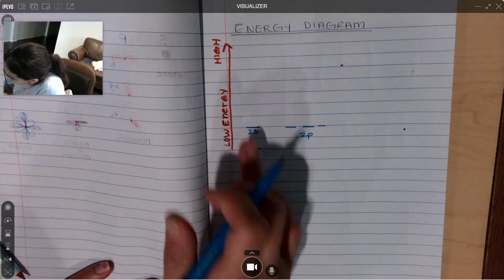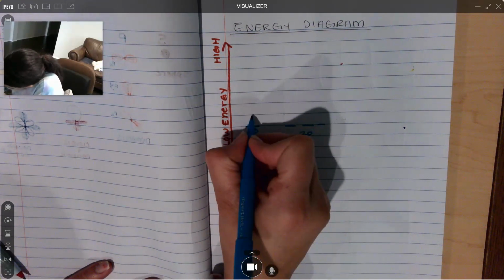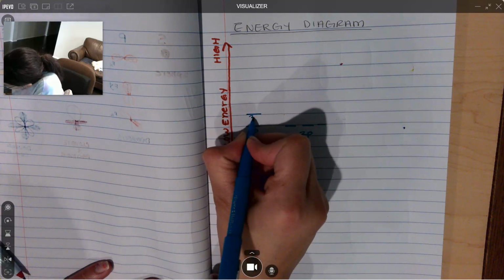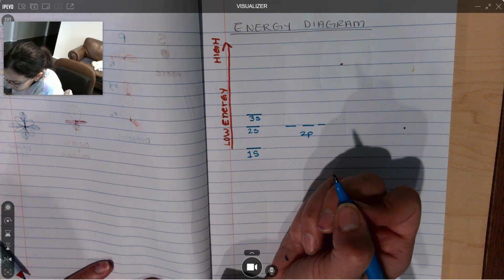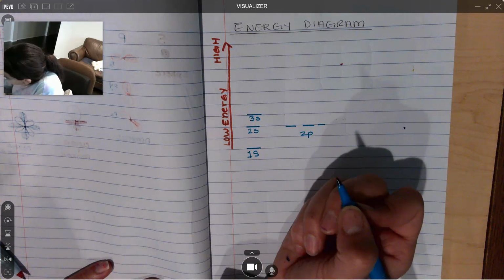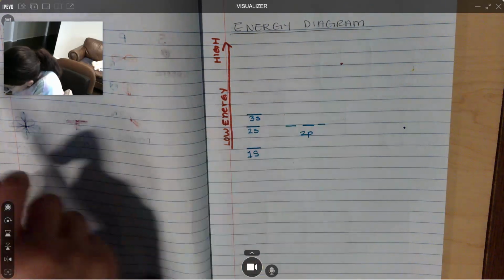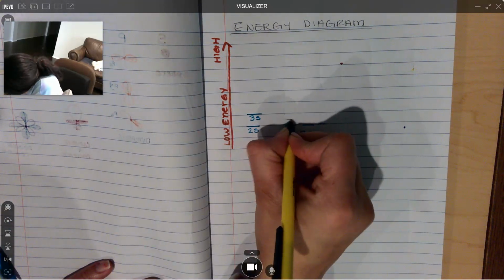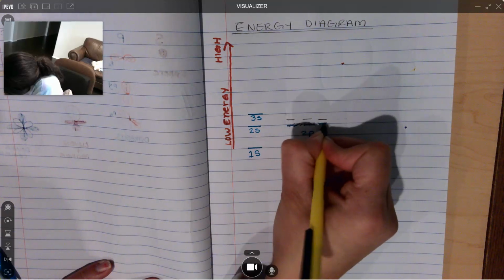So now we move on to energy level 3. On energy level 3, we have sublevel S. We also have sublevel P. Now, actually, I messed up a little bit here. These energy levels should be higher up, not so low.